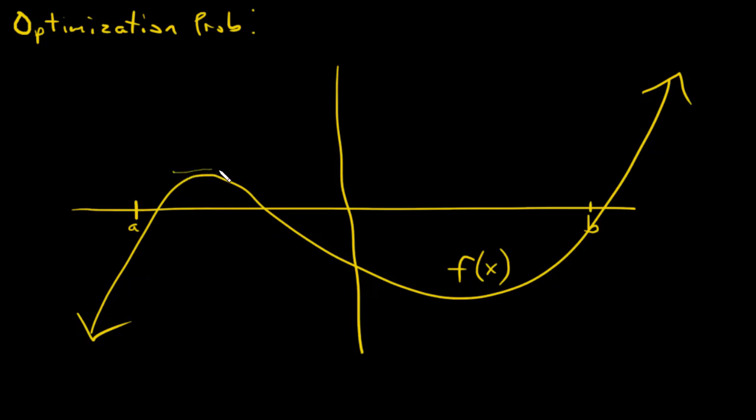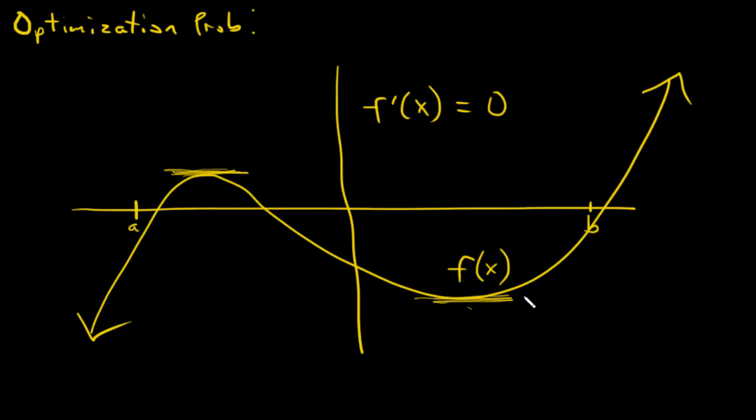So I'm looking for this location right here, this horizontal slope, and this location right here. How do I get those values? Well, to get those values, I need to find f prime of x, the derivative of my original function, and do what to it? Yep, I set it equal to 0 and solve. So if I do that, I wind up with my min and my max.